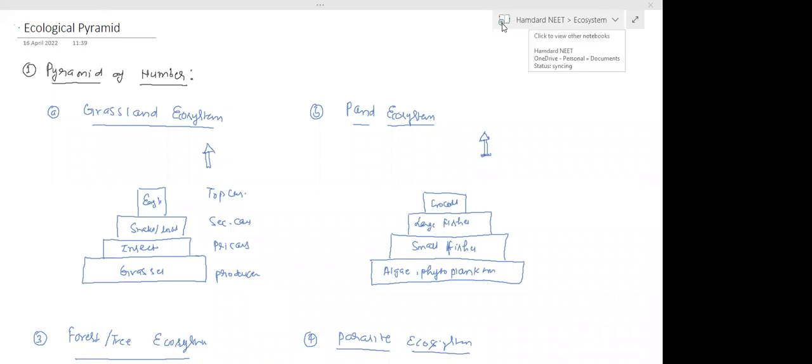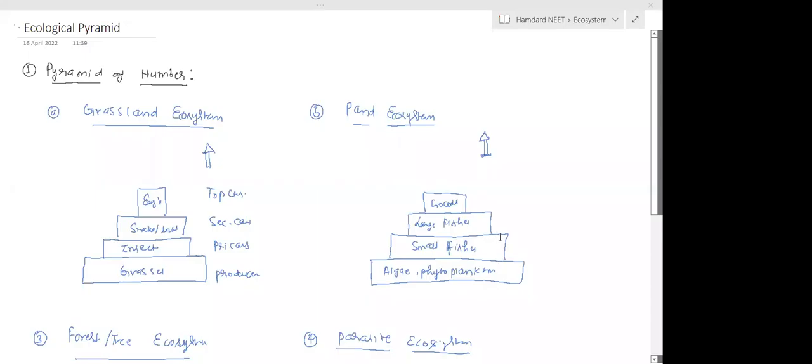No. I'll share again. Is it visible now? No. Then exit and log in again. Yeah, I'll do that.